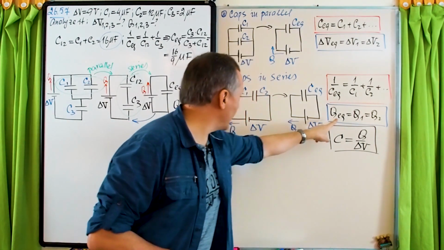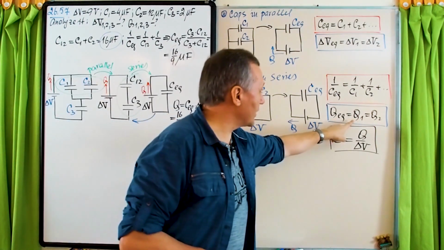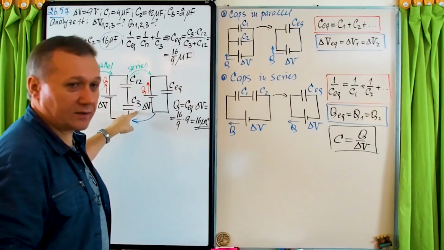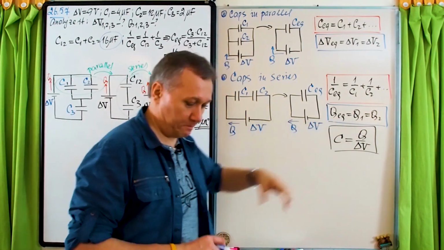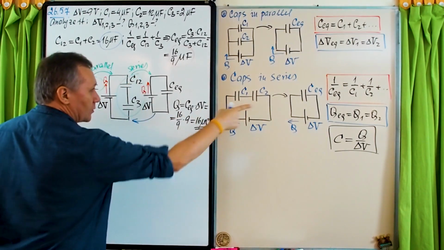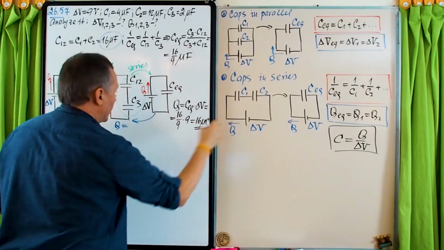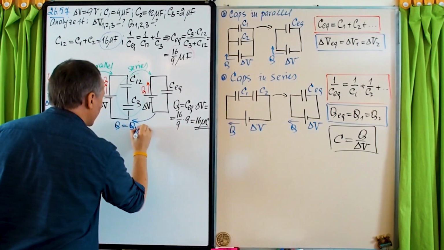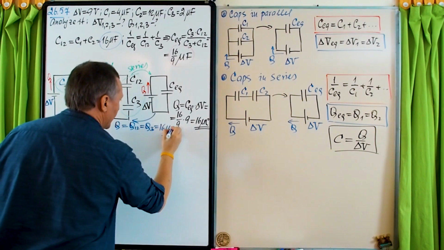The charge in the equivalent capacitor, which we just found, equals the charge in this capacitor and the capacitor that. So we're using this now. These are in series, so I will just write that Q equals Q12 equals Q3 and equals 16 microcoulombs.